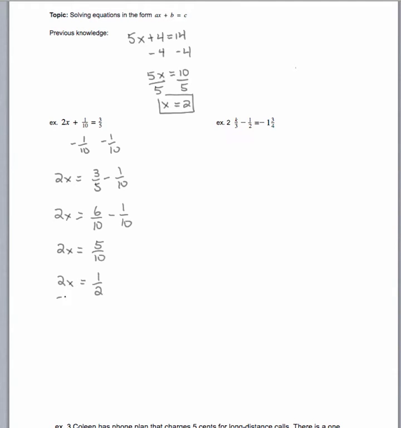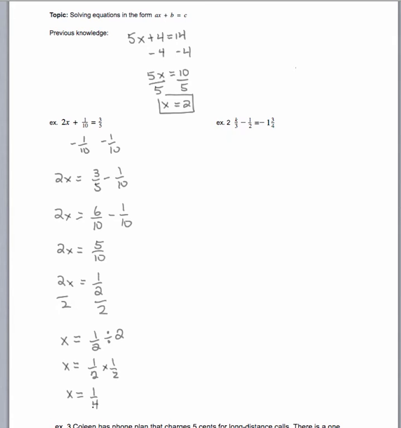And then we're going to divide by 2 on both sides. So x is going to be 1/2 divided by 2, which means x is 1/2 times 1/2, which is 1/4.